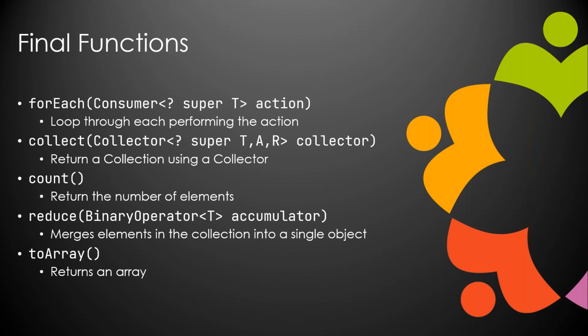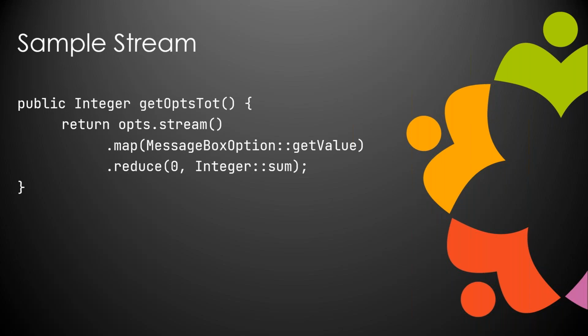We actually already had a sample stream, and this was when with our message box when it was using getOpts.total. So this was actually using a stream. First line is passing in the data source, so ops.stream passes the tree set, enum set sorry, of options into stream.